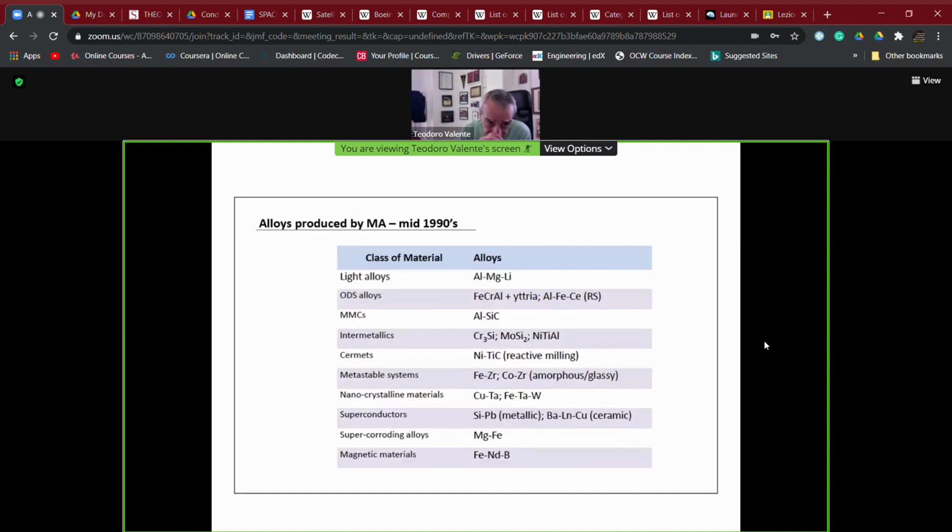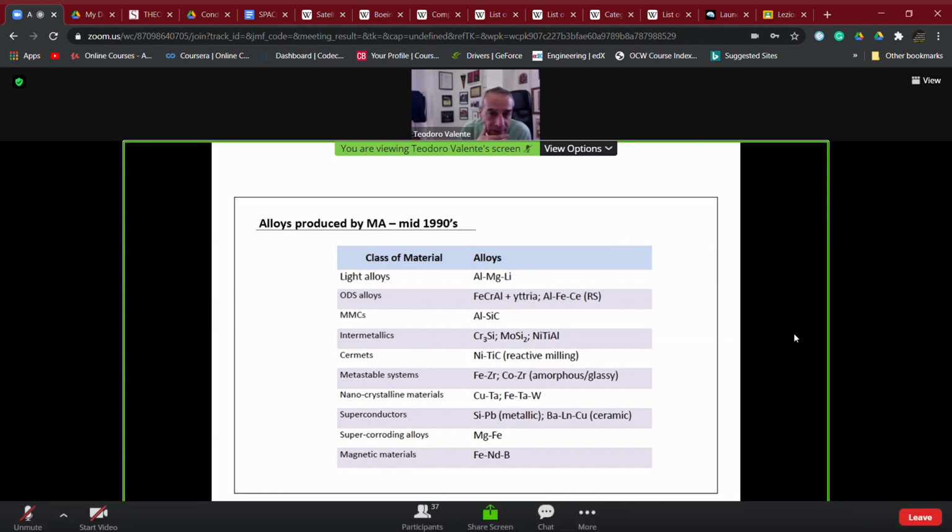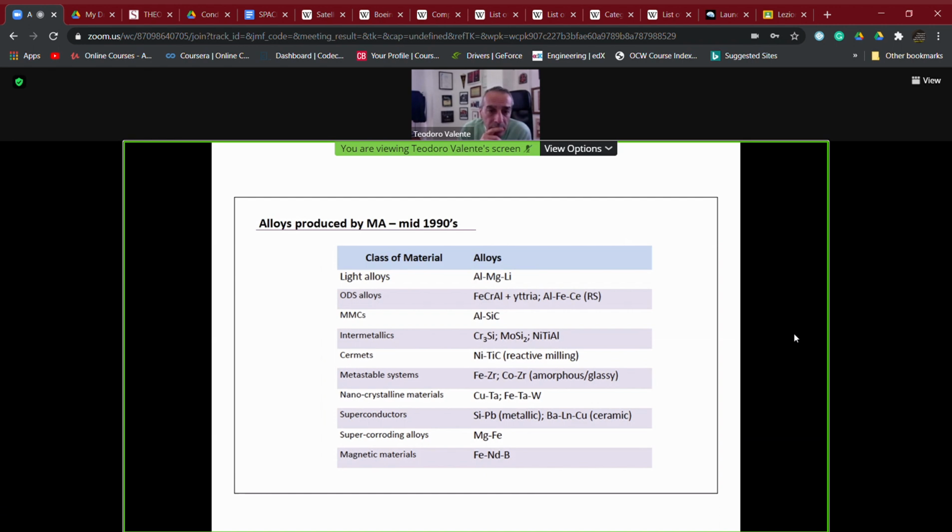This is a table in which we can make a general approach to this technology of mechanical milling and mechanical alloying, and see which kinds of materials have been fabricated in terms of powders with these techniques.